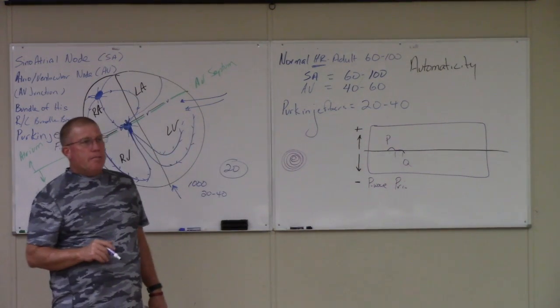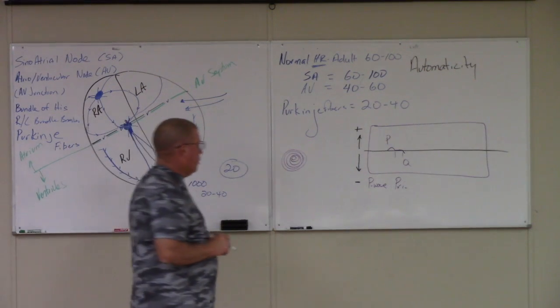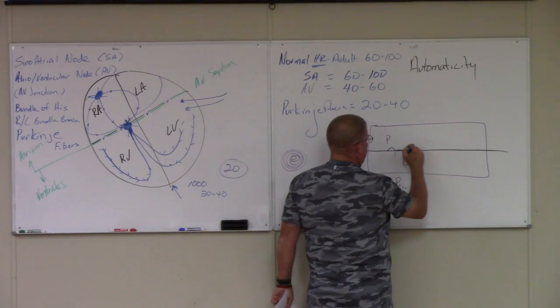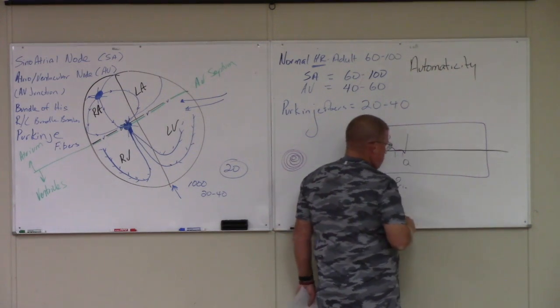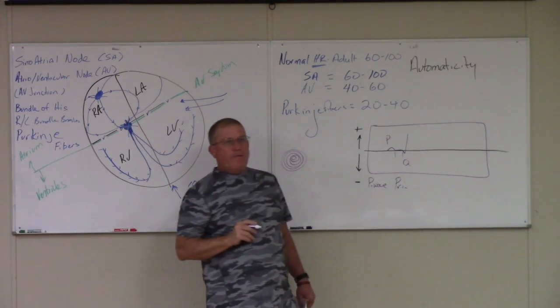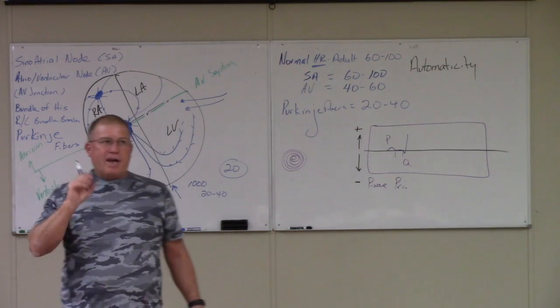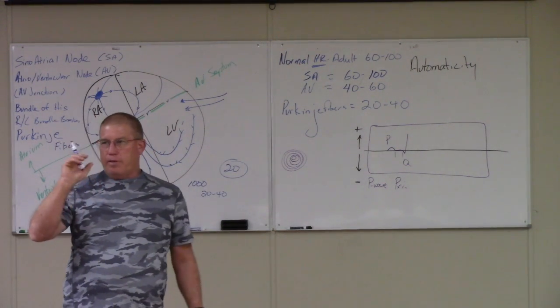The next positive deflection would be called the R wave. That's going to go up. Okay? What do y'all think this is? The Q wave is basically when that electrical charge hits the right and left bundle branches, or out of the bundle like this.